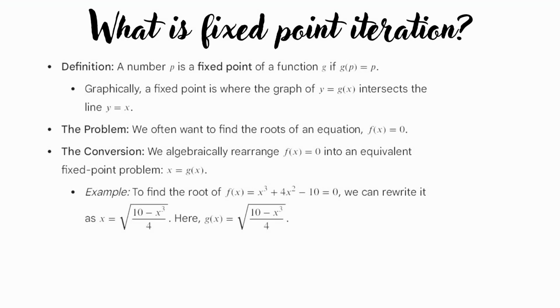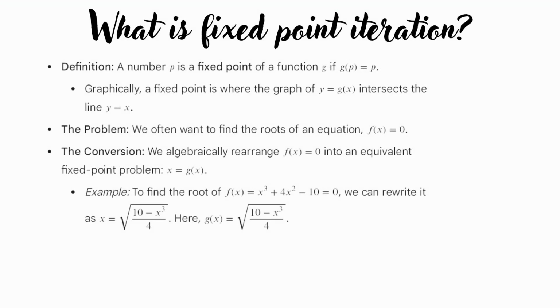We'll plug it into our g(x) function to get our next approximation. So x1 equals g(x0) equals g(1.5) equals the square root of (10 minus 1.5 cubed) divided by 4, which equals 1.3484.